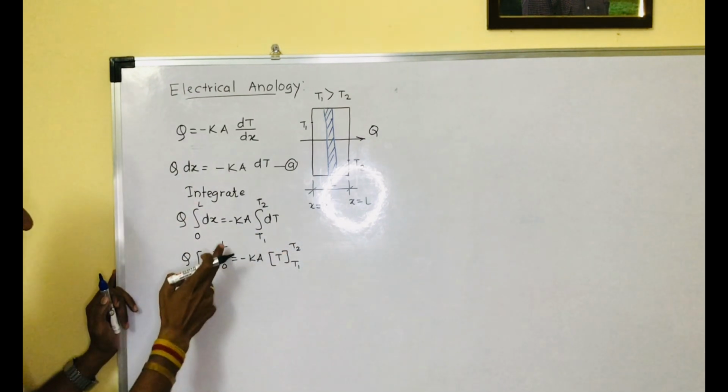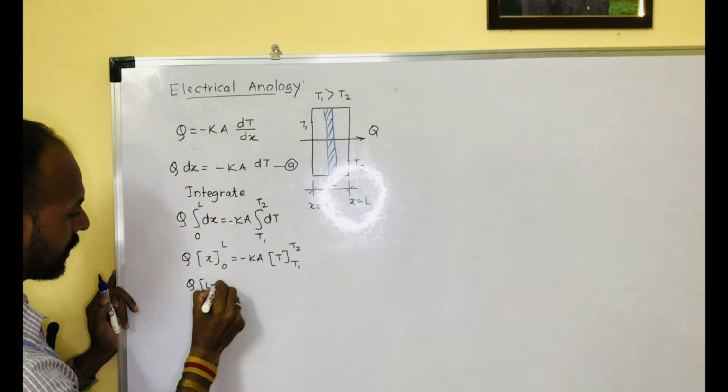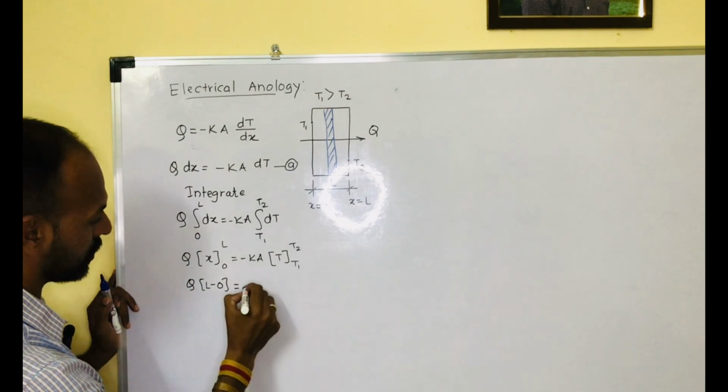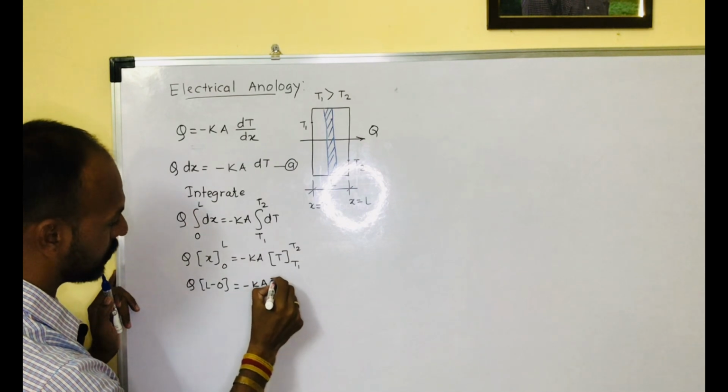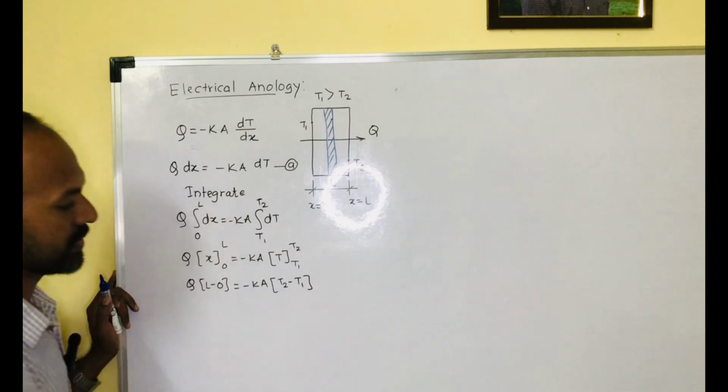Higher limit minus lower limit: Q into (L minus 0) is equal to minus K into A into (T2 minus T1).